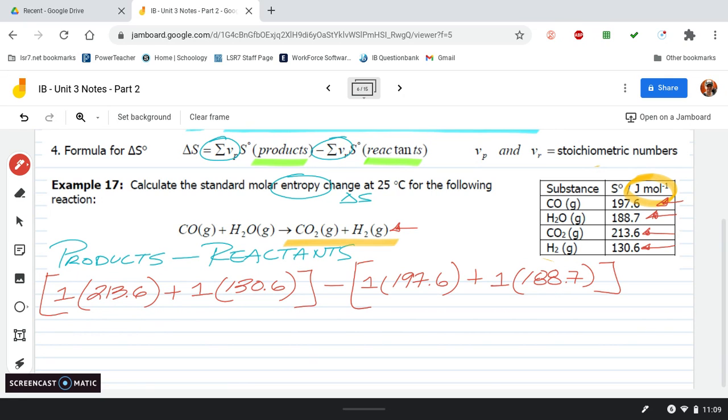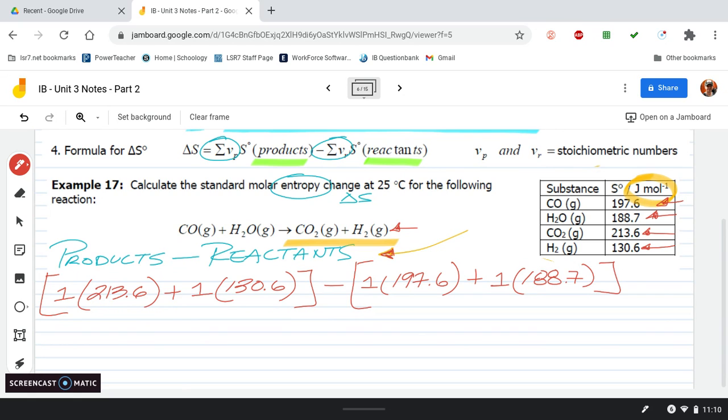Then again, I'm going to bracket it. And that's it: products minus reactants. Super straightforward, so let's run it through. These are easy as long as you remember to use the correct formula. Usually we're fine with it because there isn't anything we deal with that's reactants minus products.